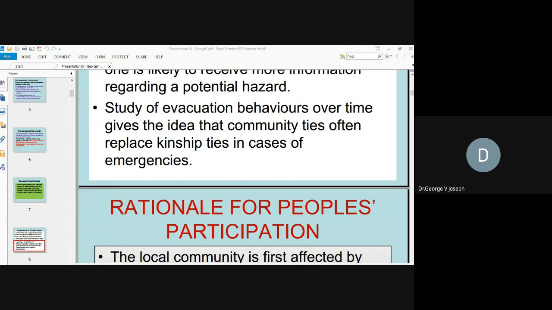Anybody would like to share your views? Should the community participate in risk reduction, risk management? What is your experience? Anybody would like to share?